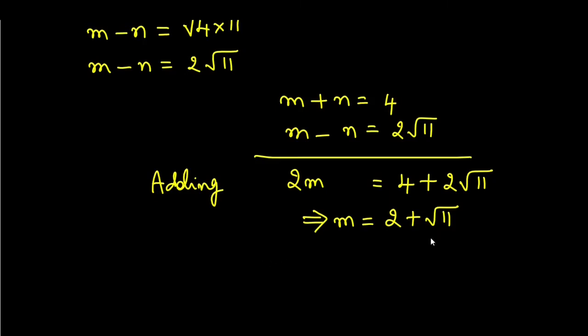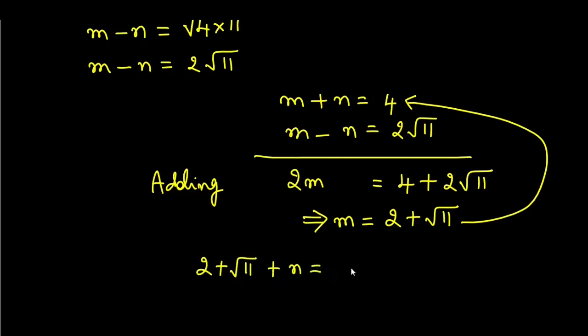We have obtained m. We can substitute this m in either of these two equations. Let us substitute here in the first equation. m plus n is equal to 4. So n is equal to 4, we transpose this to the right side, minus 2 minus root 11.